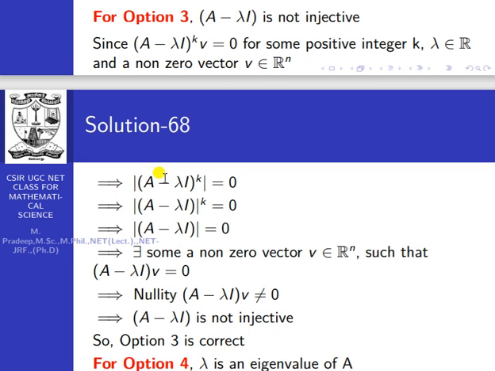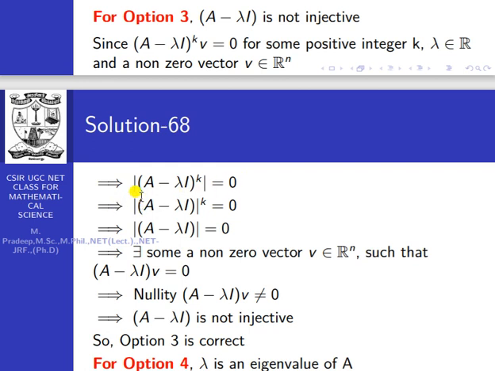Then by the basic definition of the eigenvalue, determinant of (A minus lambda I) equal to 0. So determinant of (A minus lambda I) whole power k equal to 0, which implies determinant of A minus lambda I equal to 0.